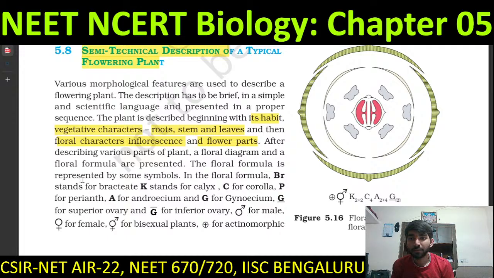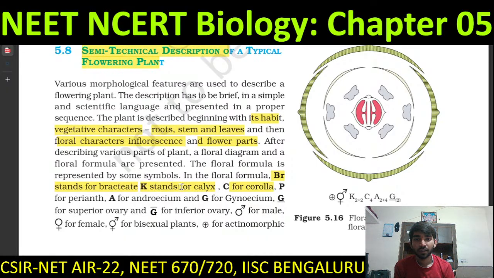So floral diagram can be represented by symbol. Br is for bracteate. So I told you the leaf-like structure coming from the floral node is called as the floral bracts, and K is for calyx, C is for corolla. So remember, don't get confused with K is for calyx or corolla.